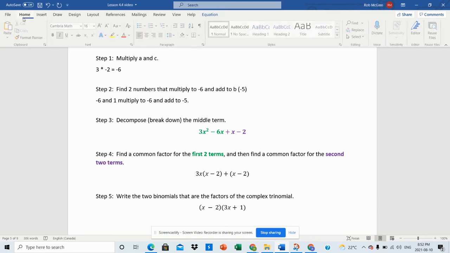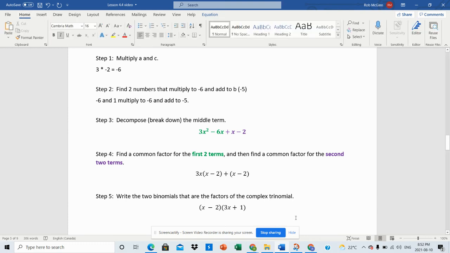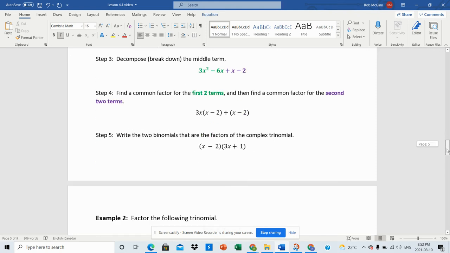My drawing tools are not working for some reason, but we'll just pretend that this here is a 1. We just don't write that 1. So x minus 2, and what's left, 3x plus 1. X minus 2, 3x plus 1.